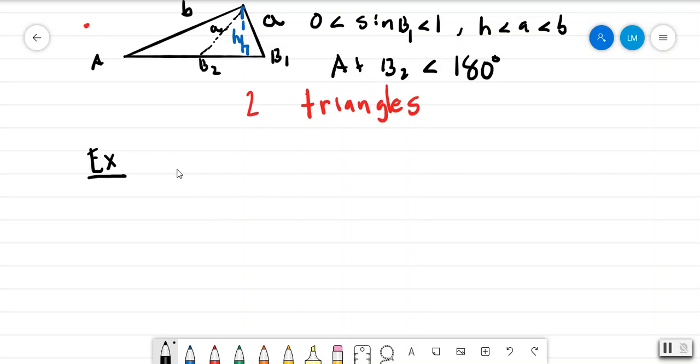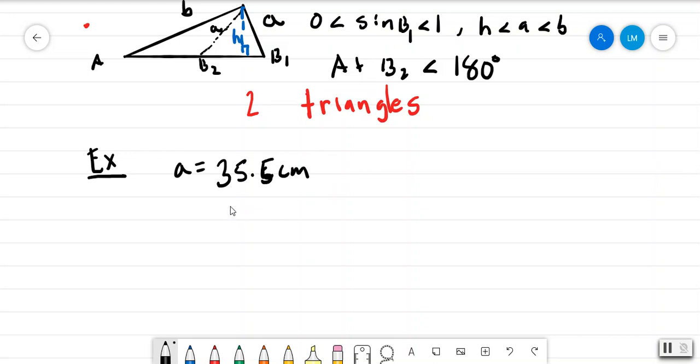But here I'm going to say that, let's say that we have A is equal to 17, no, no, no. We're going to say that side A is equal to 35.5 centimeters.